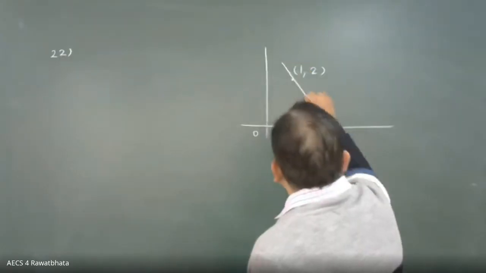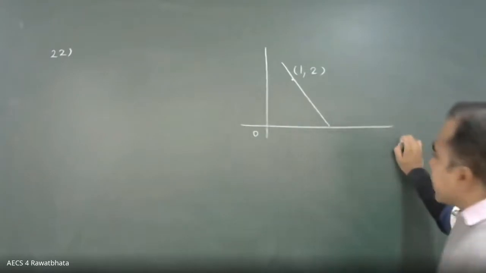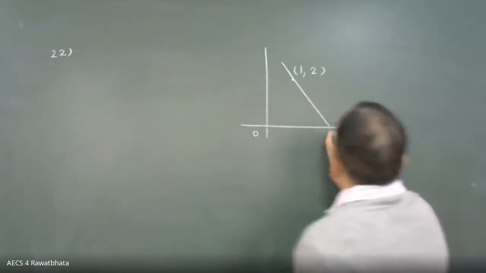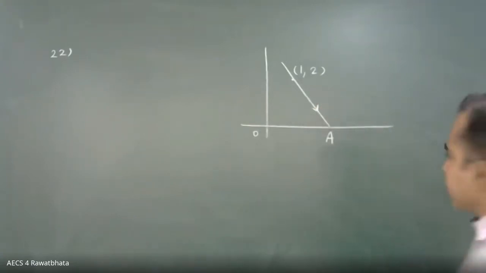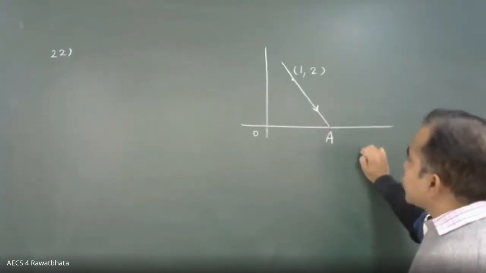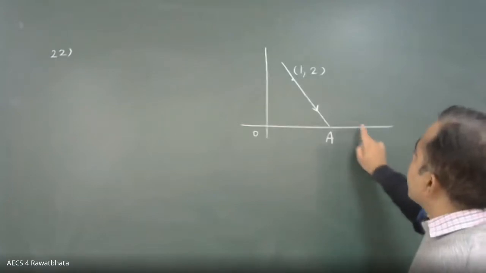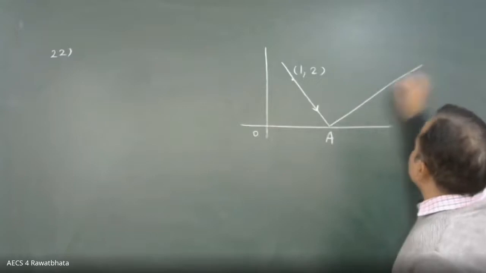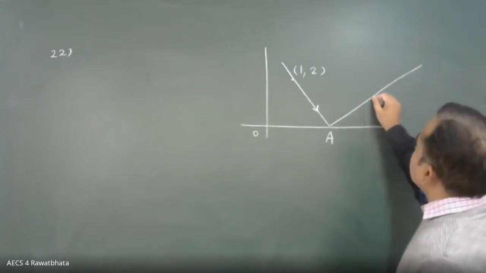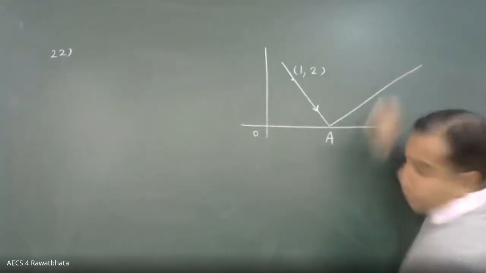And it intersects the x-axis at point A, and then it gets reflected. After getting reflected, it passes through which point? 5, 3. 5, 3 is somewhere here. So it passes through the point 5, 3.